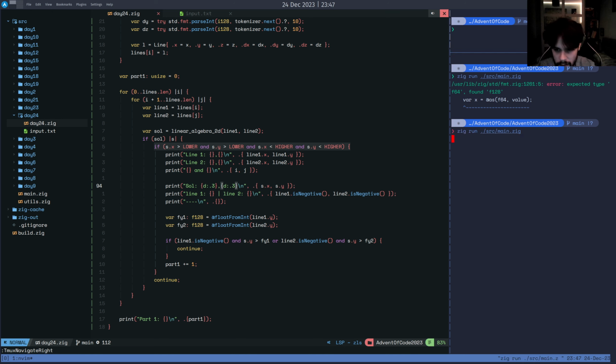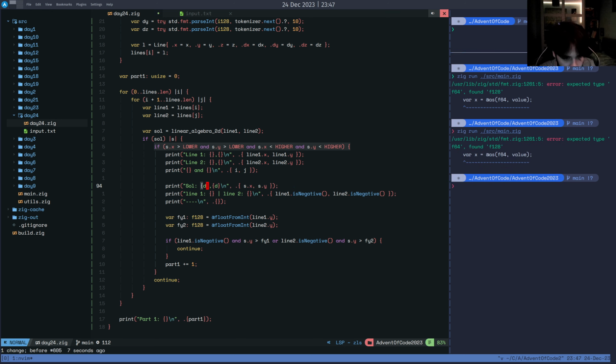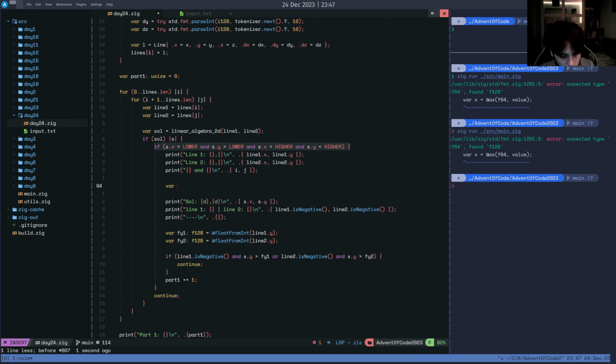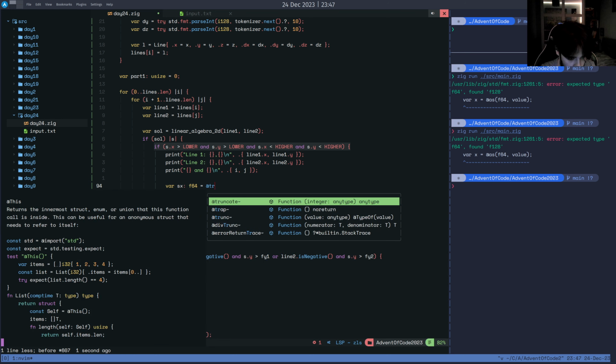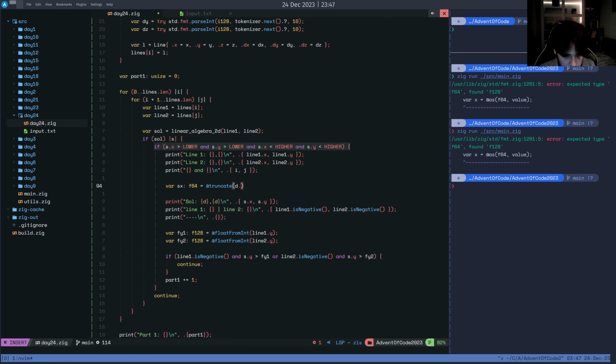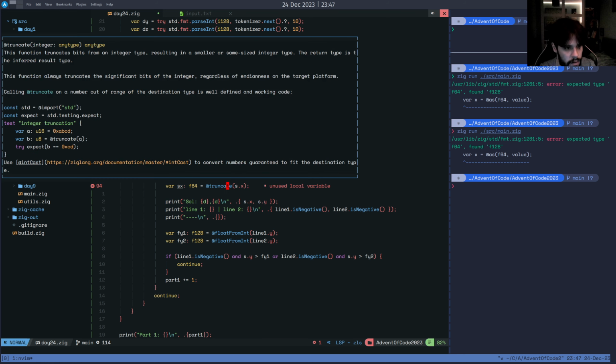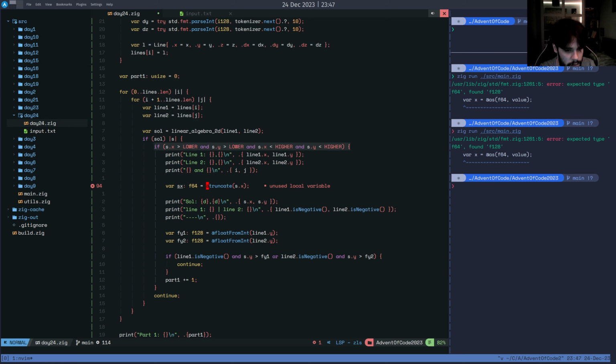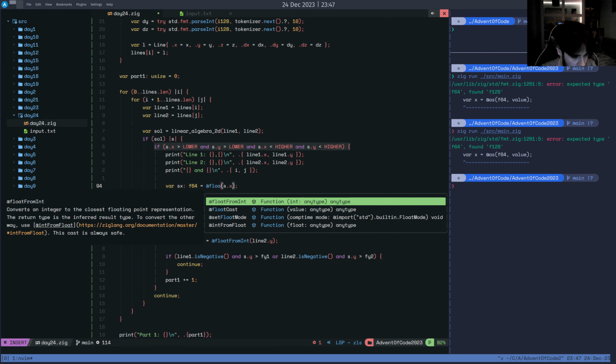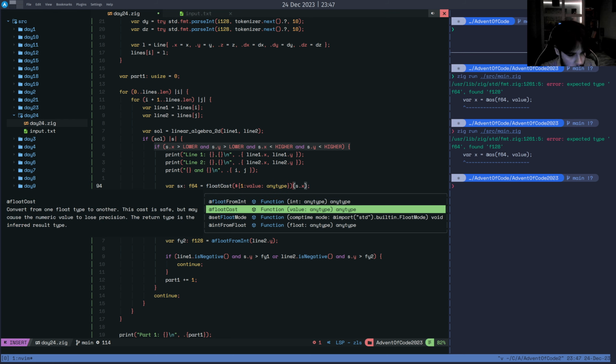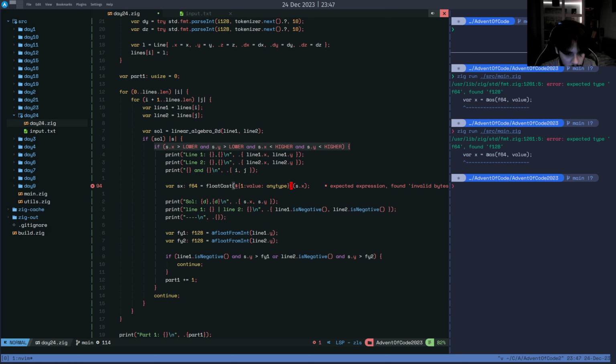Does it still expect F64? God. For Sx equals F64 equals at truncate S dot X. Truncate only works for integers. Truncate, reference type at float. Converts from one float type to another. Yeah, that's exactly it.